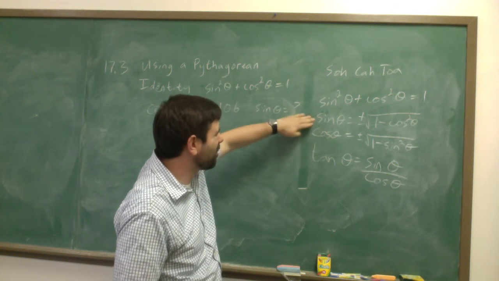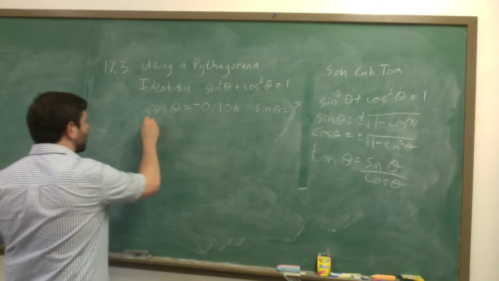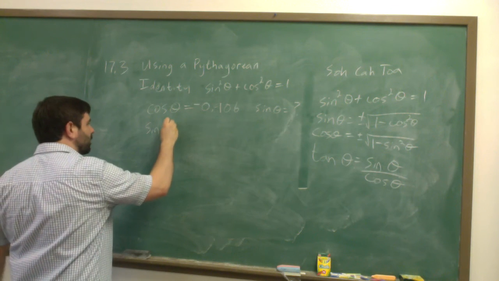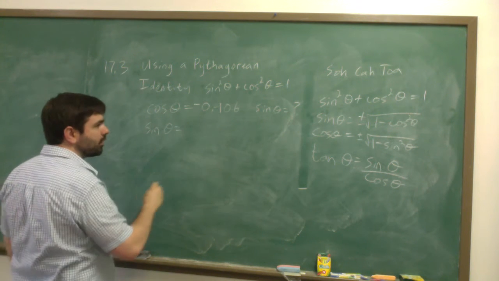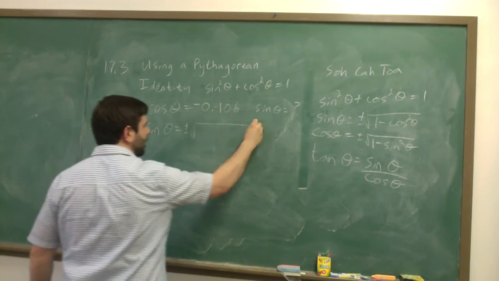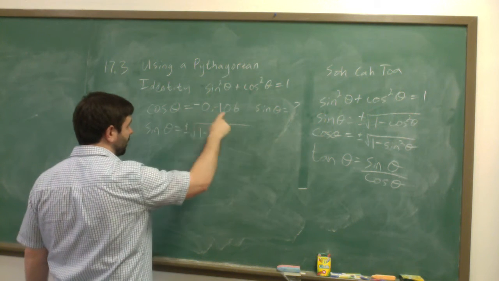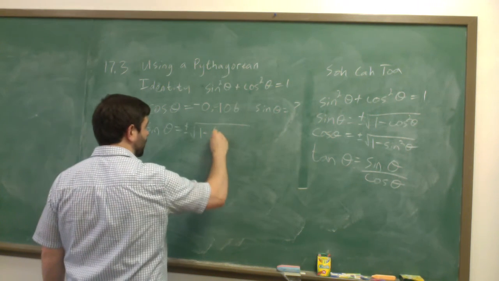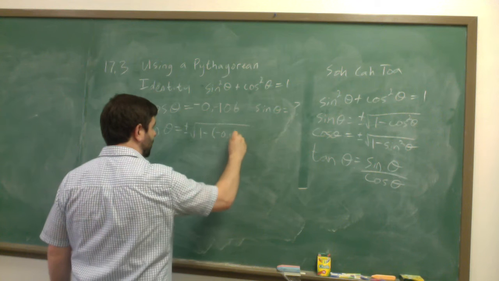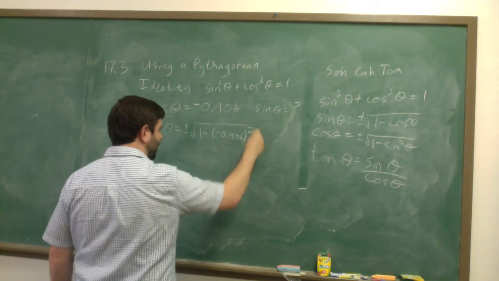We could probably use either one really, but sine of theta is going to equal plus or minus the square root of 1 minus cosine squared of theta. Cosine of theta is negative 0.906, and then we do have to square it.